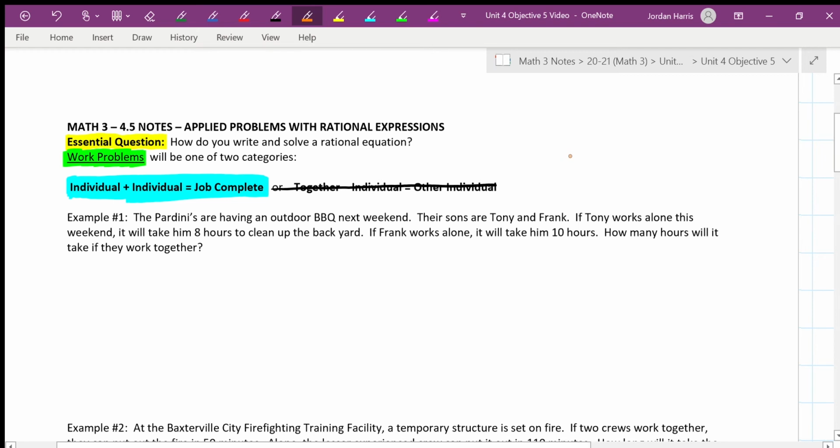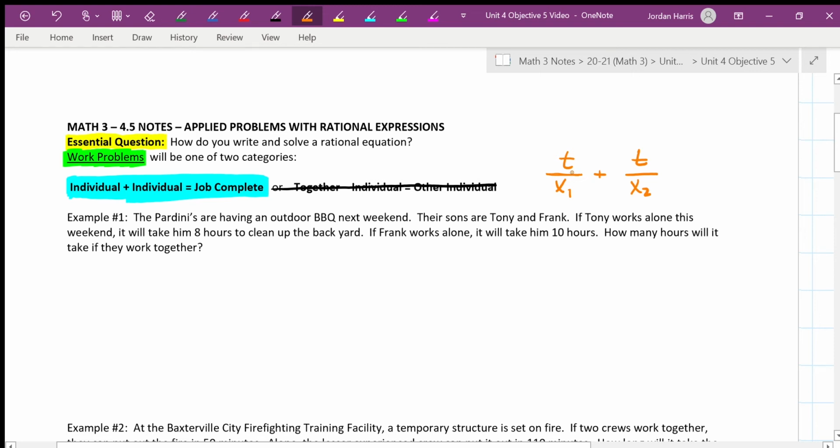We have the total time, T, divided by the first person's time, x1, plus the total time divided by the second person's.